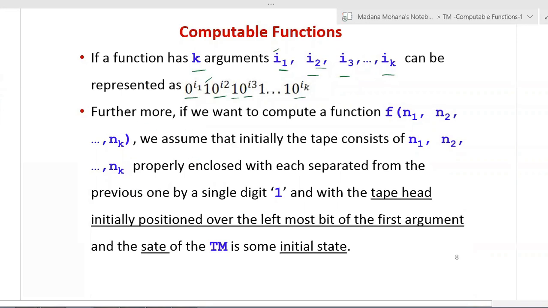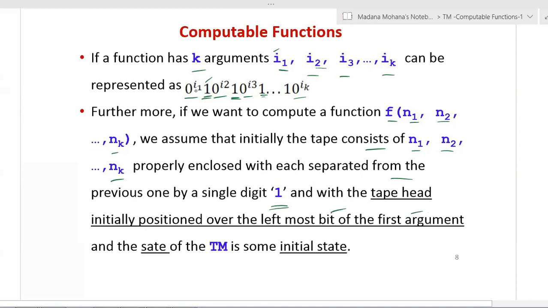So in computable functions, the arguments are represented using unary strings separated by digit 1. Furthermore, if you want to compute a function f of n1, n2 and so on up to nk with k parameters, we assume that initially the tape consists of n1, n2 and so on up to nk properly enclosed, with each separated from the previous one by a single digit 1, and with the tape head initially positioned over the leftmost bit of the first argument.